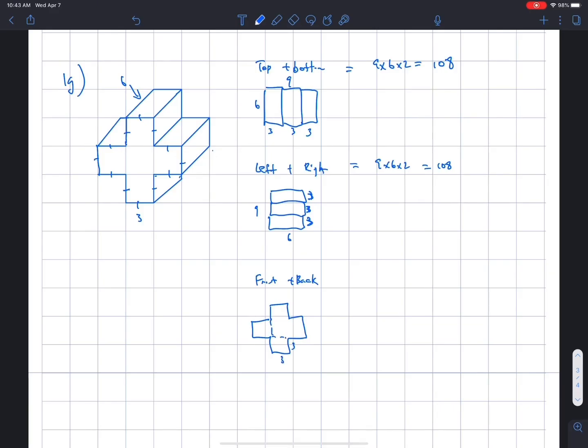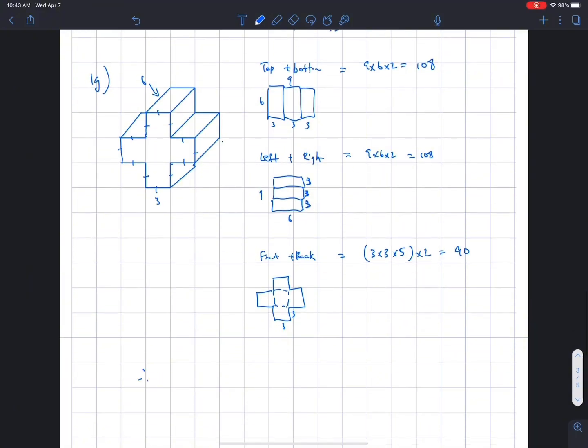So I can just cut them into 1, 2, 3, 4, 5 equal little squares. So each square is 3 times 3, and then I times it by 5. And then the total, you can times it by 2. We get 90. So now I can say that the total surface area is 108 plus 108 plus 90. We get 306 centimeters squared.